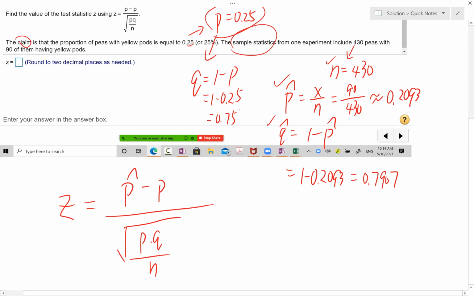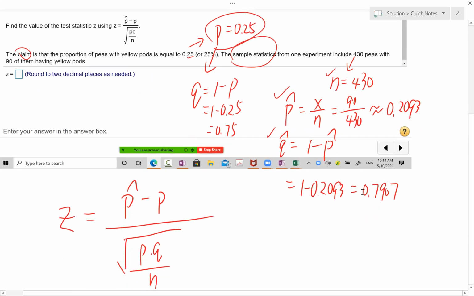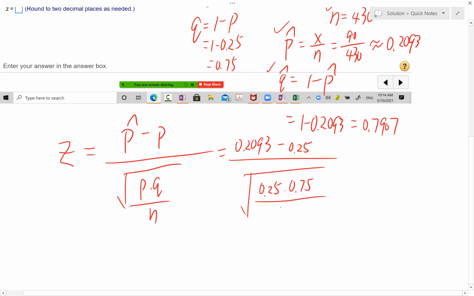Now we put the numbers into the formula. p hat is 0.2093 minus 0.25, divided by the square root of 0.25 times 0.75, divided by the sample size, which is 430. Let's find the z-score. They wanted 2 decimal places.